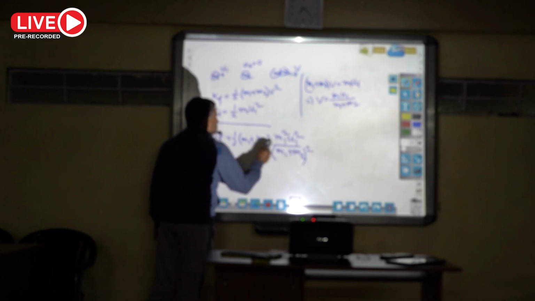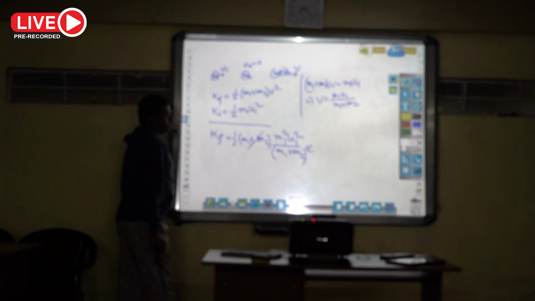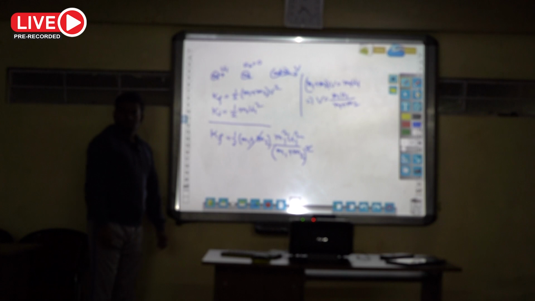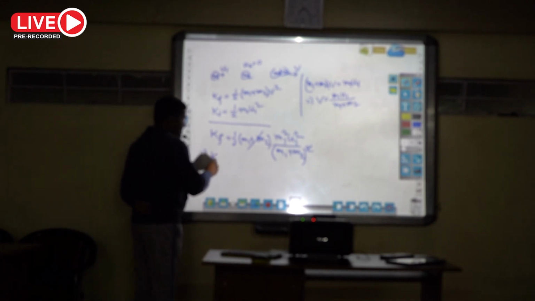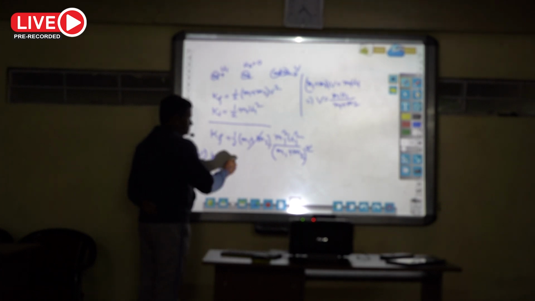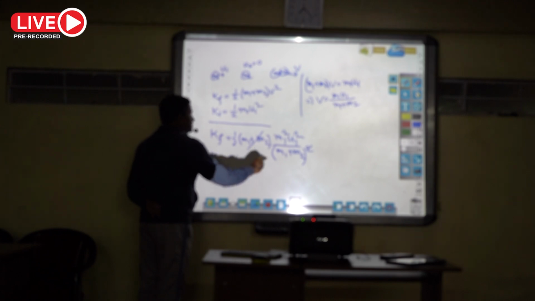So one (m1 plus m2) will be cancelled, and you are left with Kf equal to half m1 square u1 square by (m1 plus m2), right?